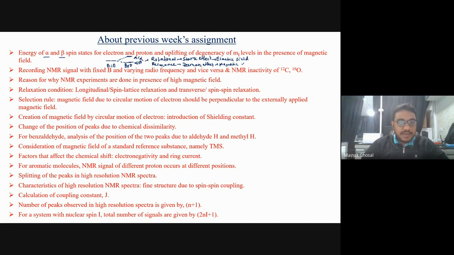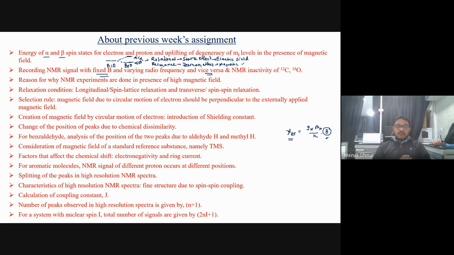Then recording of NMR signal with fixed B and varying radio frequency, and also vice versa. This was also discussed: whenever you are going to measure some NMR signal, you know this formula, I'm writing it down here, that nu of radio frequency equals g_n beta_n by h into B. So to measure this NMR signal, either you can vary the frequency fixing B, or you can vary B fixing the radio frequency.